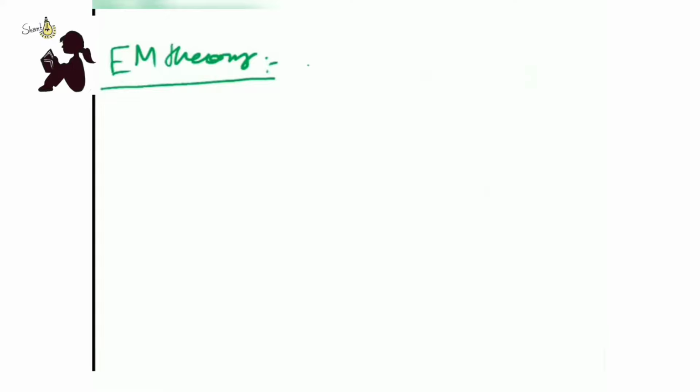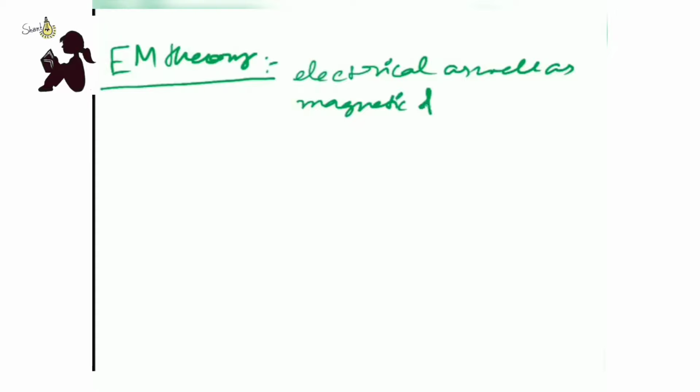So he said that if a charged particle, that can be ion, that can be electron, is moving, it will emit a radiation, and that radiation has electrical as well as magnetic properties. Now, what will be the velocity of this charged particle or ion? That will be the same as the velocity of light, that is 3 into 10 to the power 8 meter per second. So this is the electromagnetic theory.